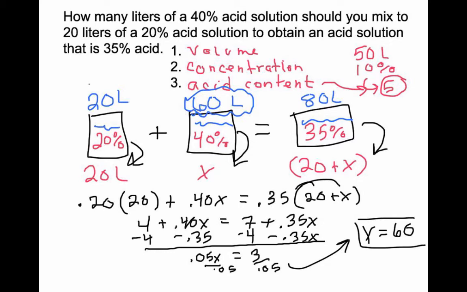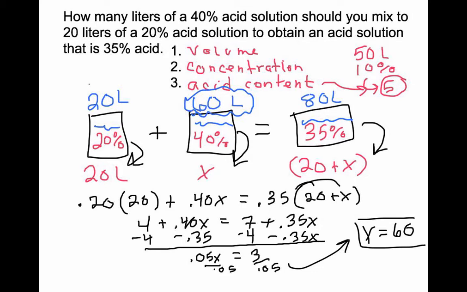So I need to consider with my picture, what am I mixing together? And drawing these three rectangles is a good way to get started. I'm mixing this 20% and this 40%, and I'm obtaining this 35%. So just knowing where the concentrations go. Underneath that, I wrote the volume of each one. Since I was looking for the volume of the 40%, that's what got the x.